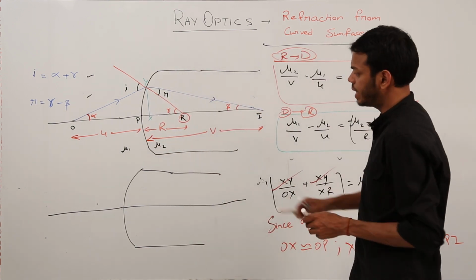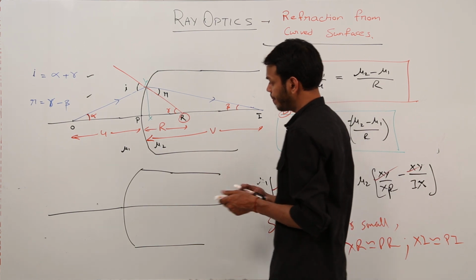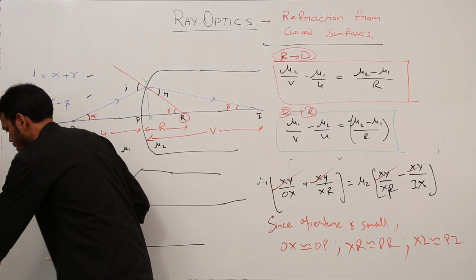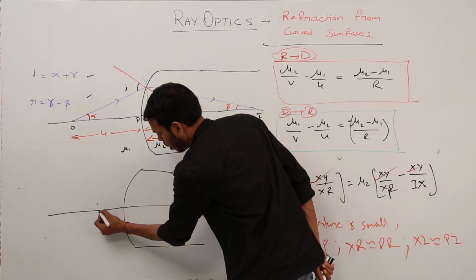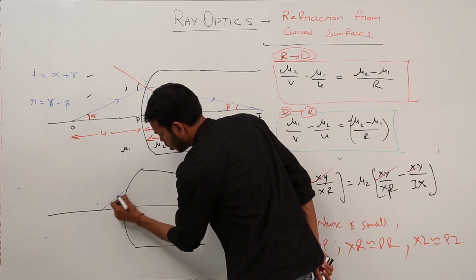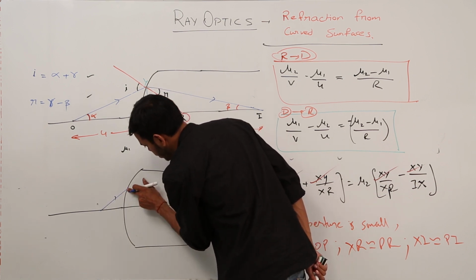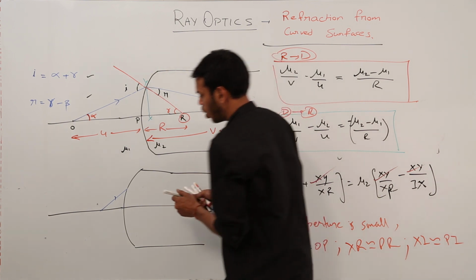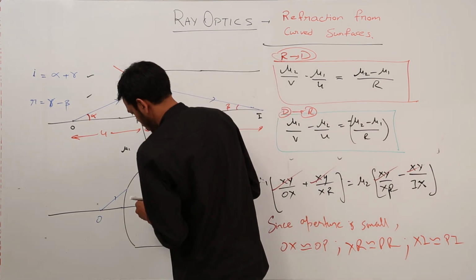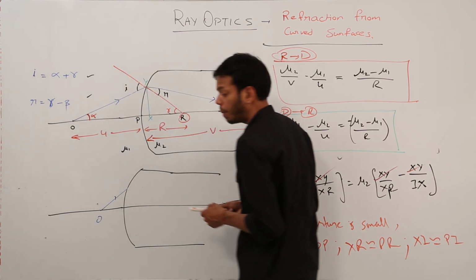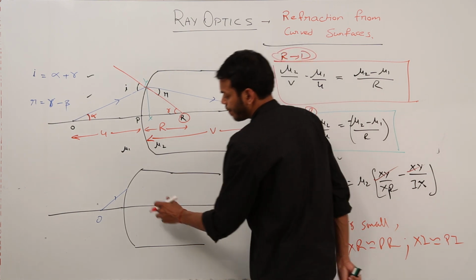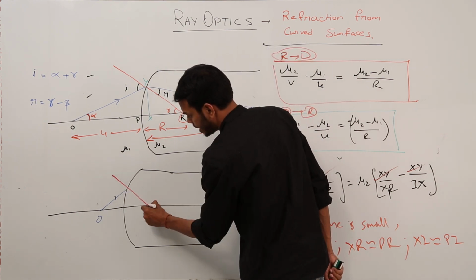This is again my rarer to denser format. The object, this time I'm taking it a bit close here. So this is my object O. Then the normal. First of all, normal.